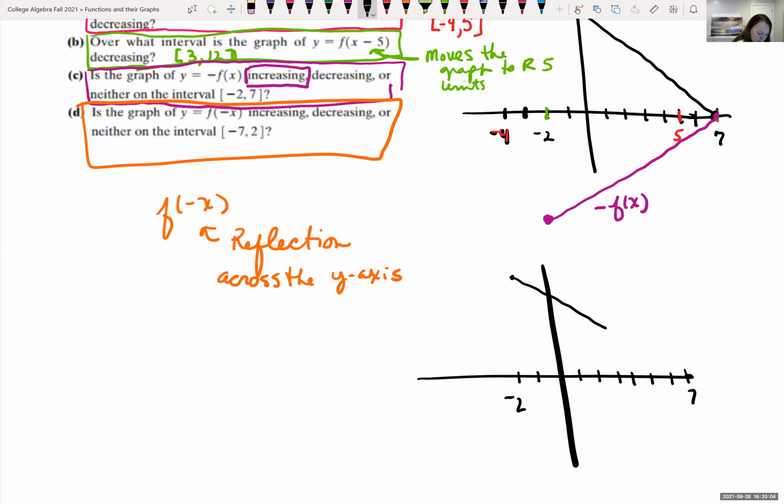And I reflect what I have right here across the y-axis. So this point here that was at -2 something is now going to be at 2 something. This is going to stay at the same spot. And my point here that was at 7, 0 across the y-axis is now going to become -7, 0.